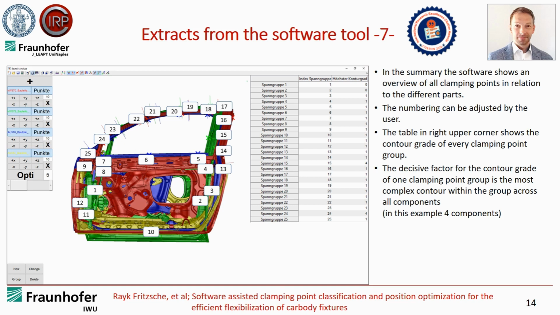Only clamping group 15 and clamping group 24 have a contour grade 4, and so for these 2 clamping groups it is necessary to realize a flexible contour piece, and all other clamping points can be realized with a toggle locator in the flexible fixture.